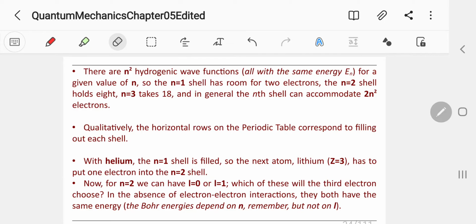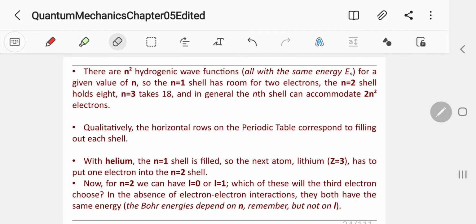There are n-squared hydrogenic wave functions with all the same energy E_n for a given value of n. So for the n equals 1 shell, there are 2 electrons. For n equals 2, the shell holds 8. For n equals 3, it will have 18.